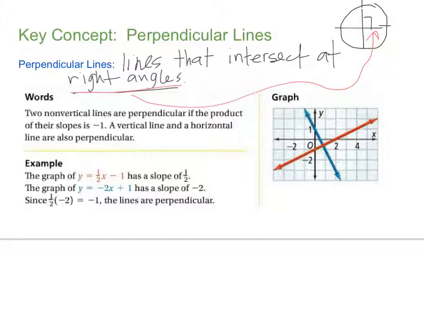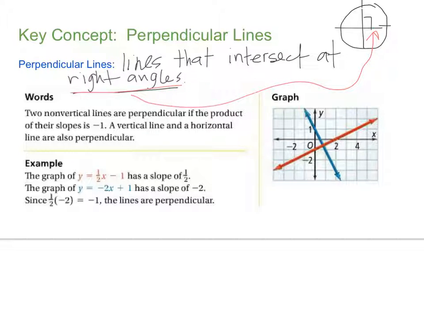In words, two non-vertical lines are perpendicular if the product of their slopes is negative 1. A vertical line and a horizontal line are also perpendicular. As an example, the graph of y equals 1/2 x minus 1 has a slope of 1/2. The graph of y equals negative 2x plus 1 has a slope of negative 2. Since 1/2 times negative 2 equals negative 1, the lines are perpendicular.